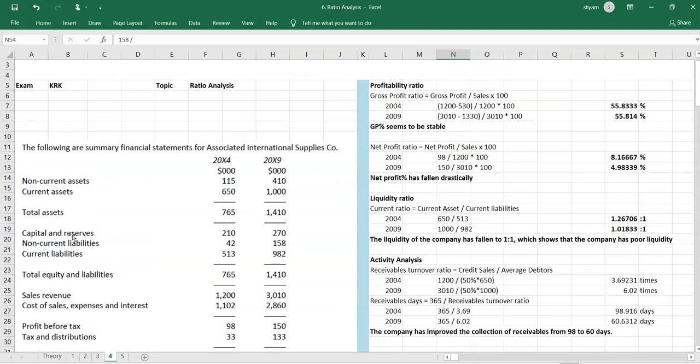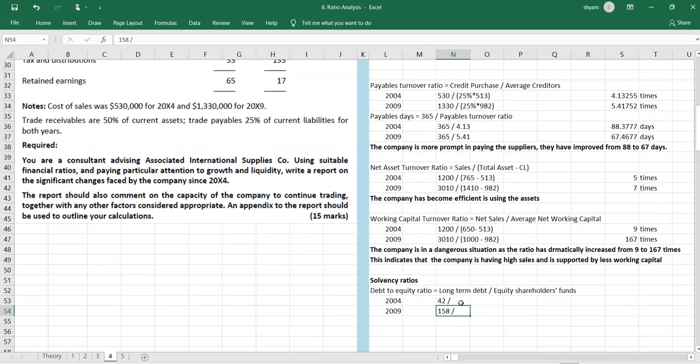Let's get the shareholders' funds. Shareholders' funds are here, capital and reserves put together. So earlier it was 210, now it is 270. The ratio should be 1:1. Okay, the lower the better.